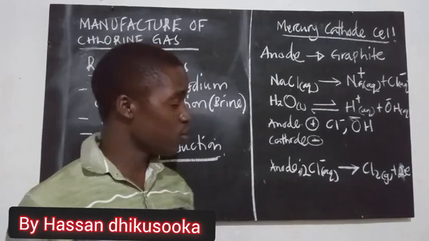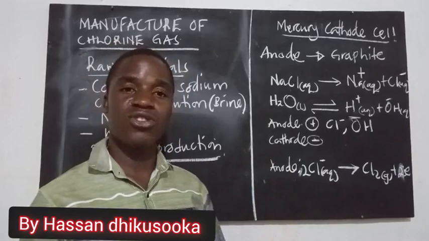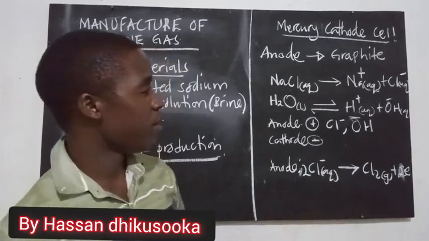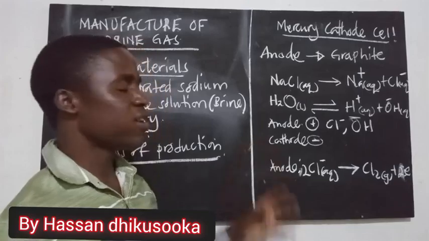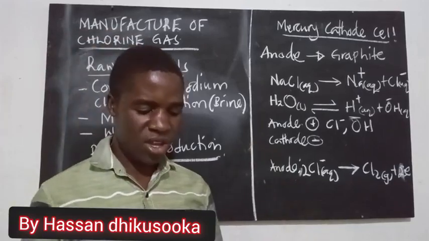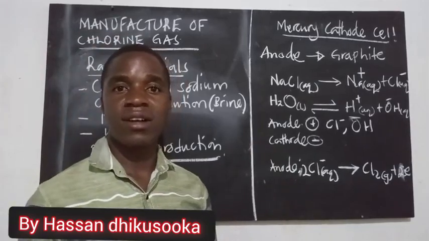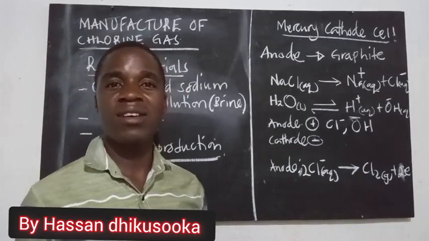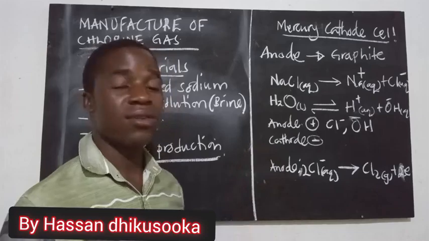Remember, I told you that you also have to remember what we call the social benefits of that manufacturing plant. Of course, if you are manufacturing chlorine and it is an industry, one, the workers and the community members have to benefit through getting jobs.